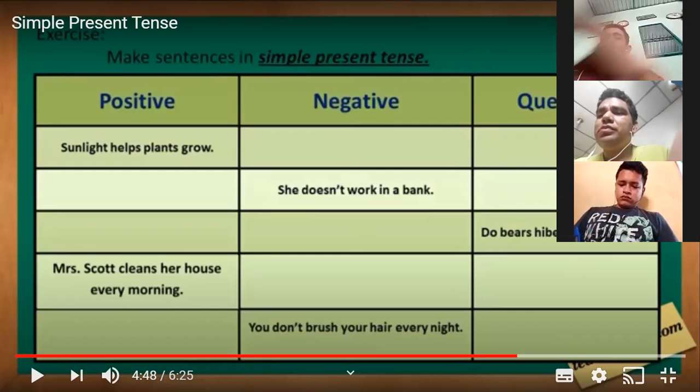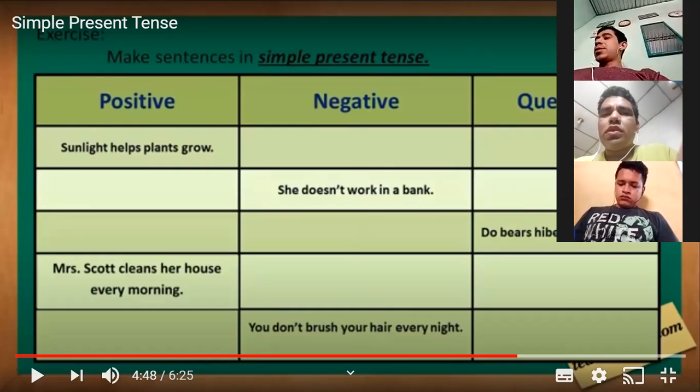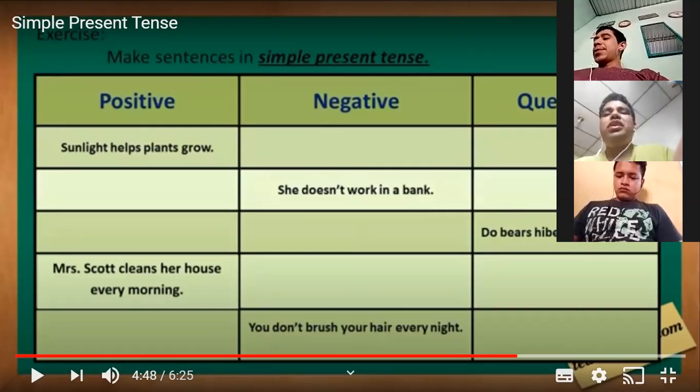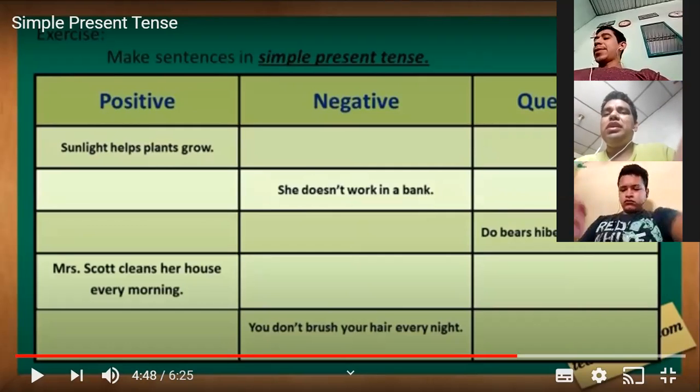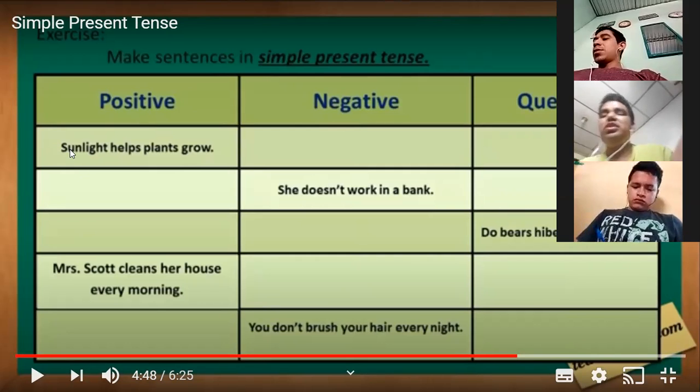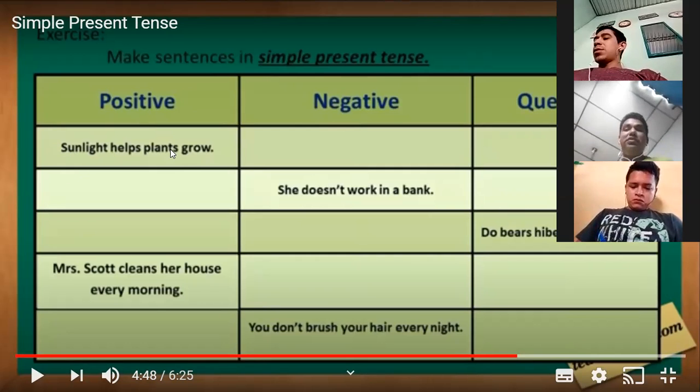Oh, okay. Review your notes, Miguel. Review your notes. Do you use do or does? Does sunlight help plants grow? Okay, grow, all right. Does sunlight help plants grow? Okay.